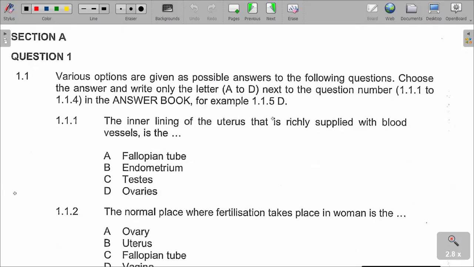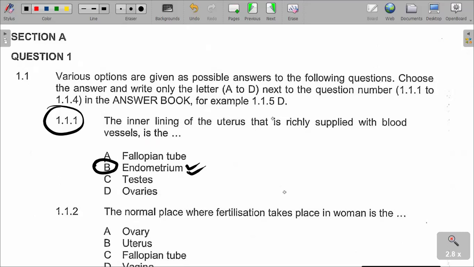So the first question says, the inner lining of the uterus that is richly supplied with blood vessels. I'm sure that you remember, if you look at the female reproductive system, the endometrium is the one that is nourished, or supplied with blood, in order to prepare for implantation.